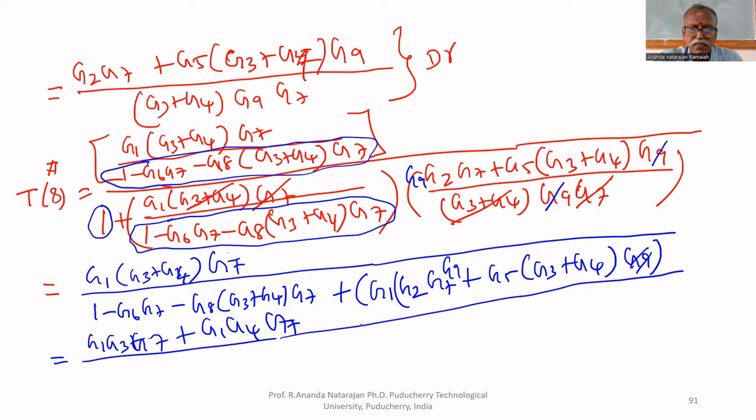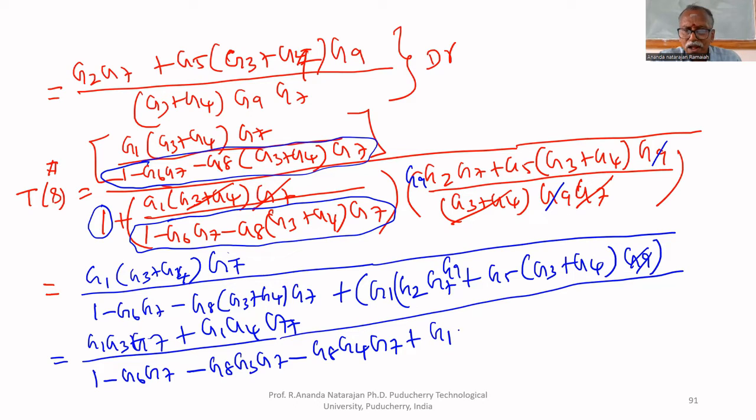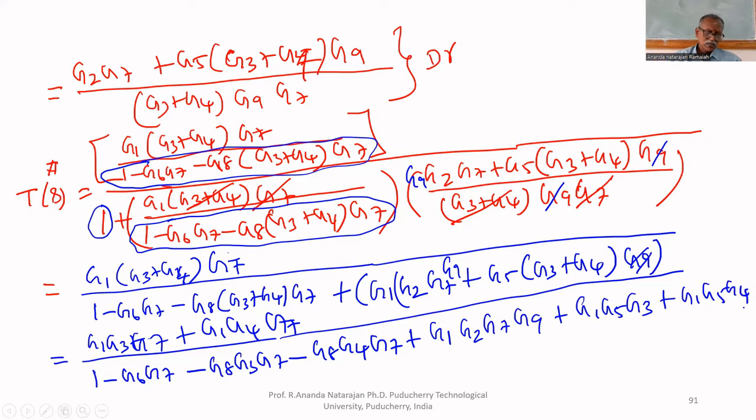Denominator, we have to find: that is 1 minus G6 G7 minus G8 G3 G7 minus G8 G4 G7 plus G1 G2 G7 G9 plus G1 G5 G3 plus G1 G5 G4. So G9 has to be substituted.